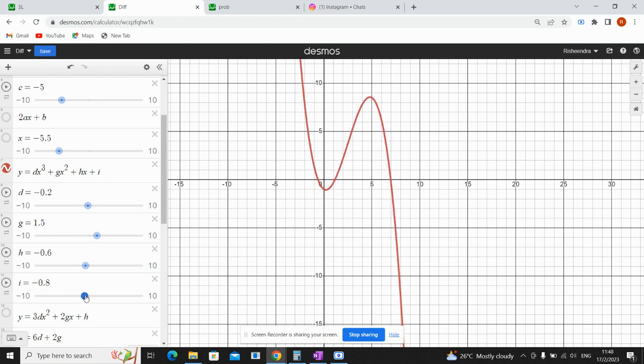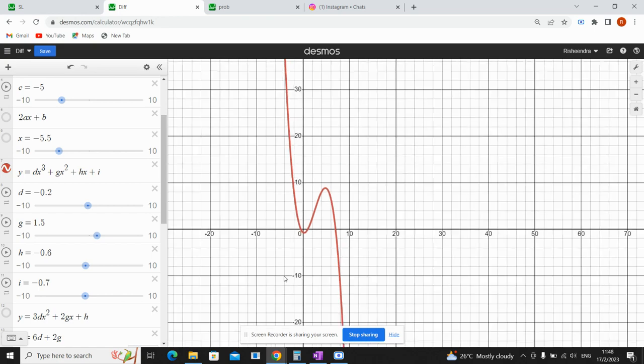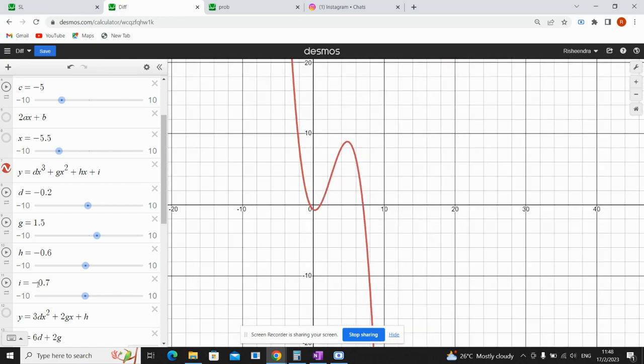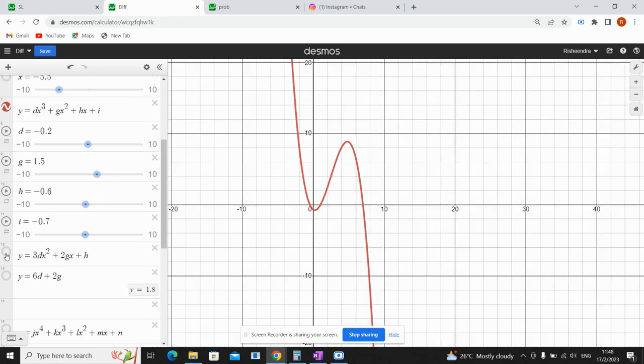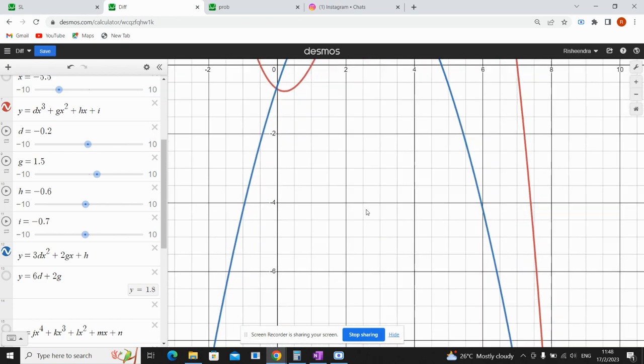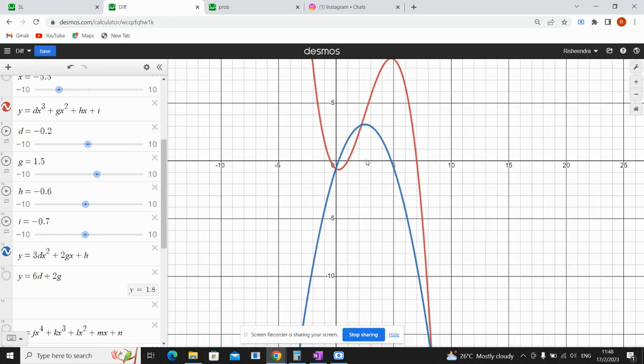It indicates the distance from the origin to the x-intercept. You see? When we differentiate it, y equals 3dx square plus 2gx plus h. With a single differentiation, we get this parabola as the differentiated equation.